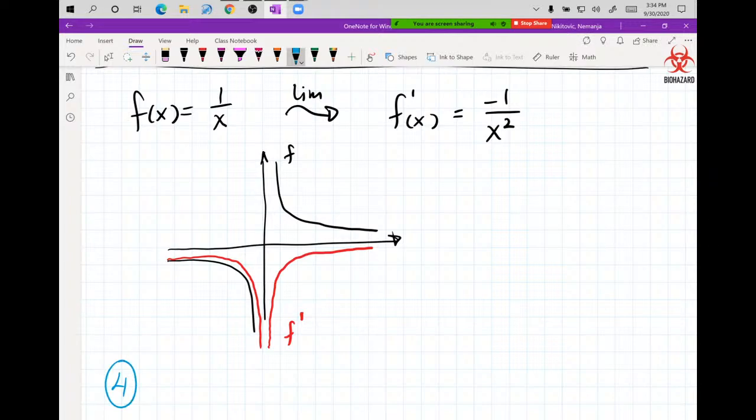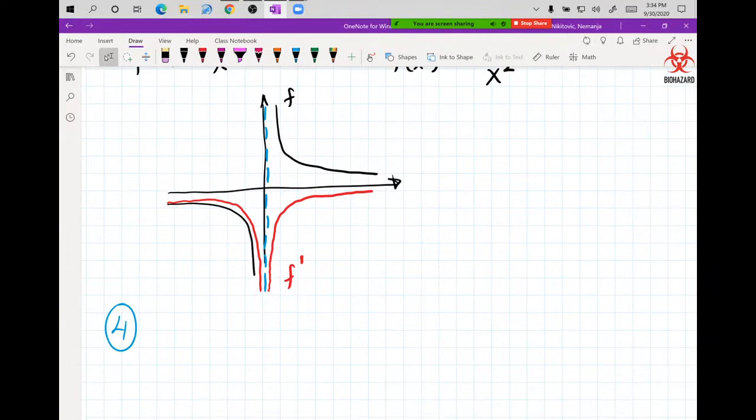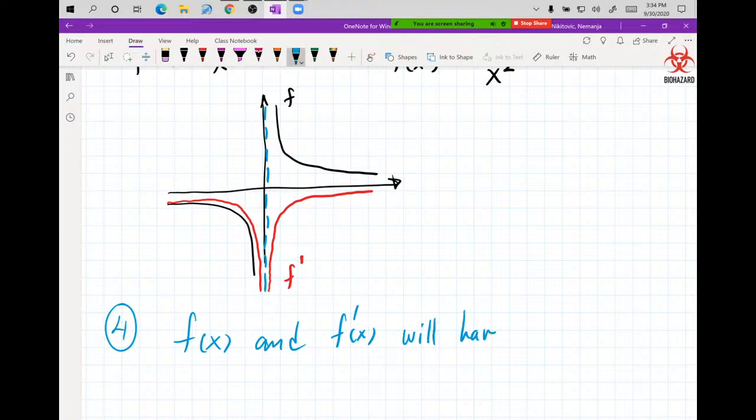I hope you see that the vertical asymptote location is preserved. So f of x and f prime of x will have the same vertical asymptote.